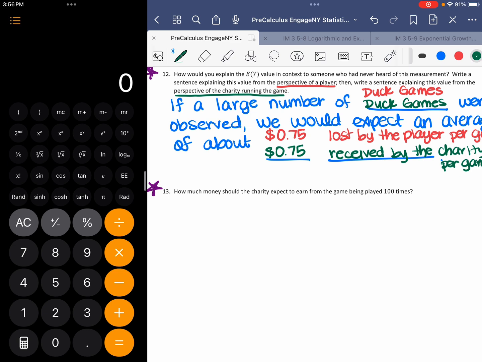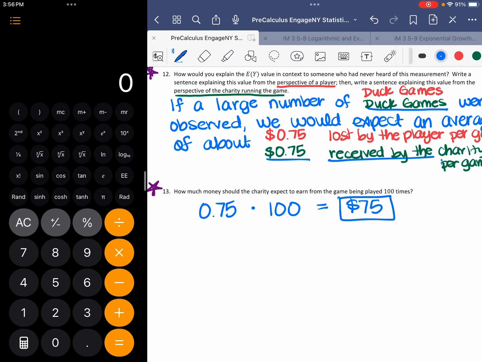How much money should the charity expect to earn from the game being played 100 times? Okay, so if we expect that the charity is earning 75 cents each time this game is being played, and we play this game 100 times, then we should expect that the charity earns $75 in total.